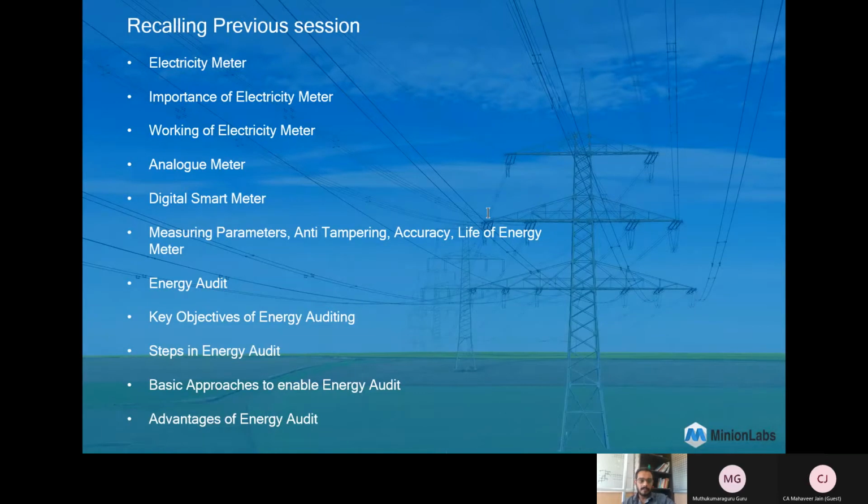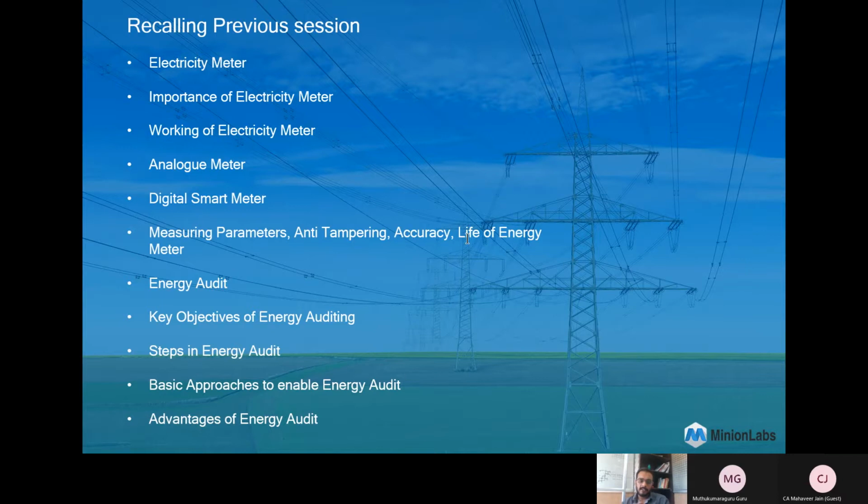Coming to the major topic that we discussed in the last episode, energy audit. An energy audit is an assessment of the energy consumed and also the efficiency of a building. Some of the key objectives of energy auditing are ensuring efficiency, identifying saving opportunities, optimization, assessing earthing, updating SLDs, and much more.